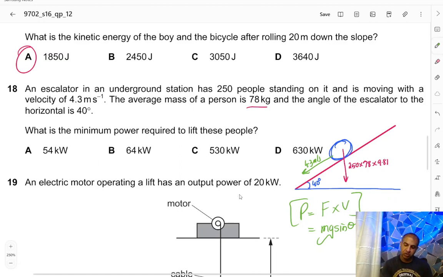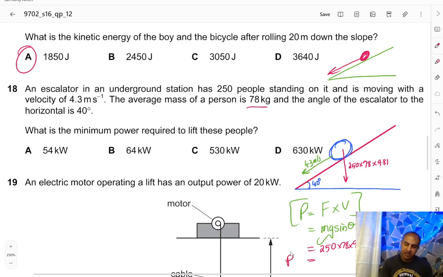The idea is that if we happen to have a weight over here, there is always a component down the slope that will carry it downwards. It's a simple thing. So the total mass is 250 into 78, multiplied by the gravity 9.81, multiplied by sine 40, and we multiply it by the velocity, which is 4.3 meters per second.